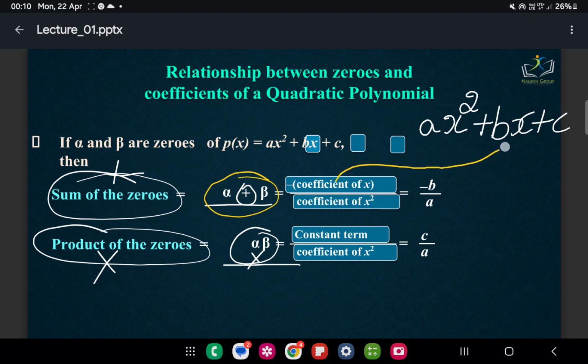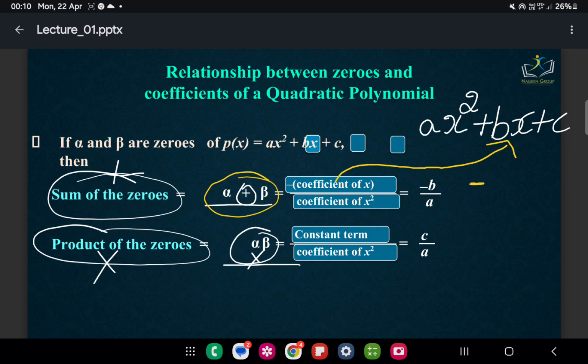The coefficient of x is the number with x as a variable, that is b. Here the minus is permanent; we can't change that formula.